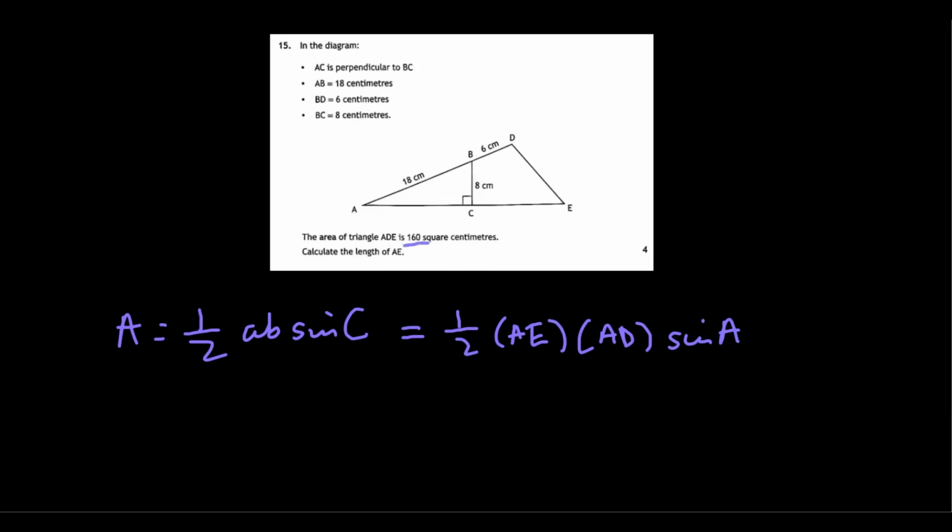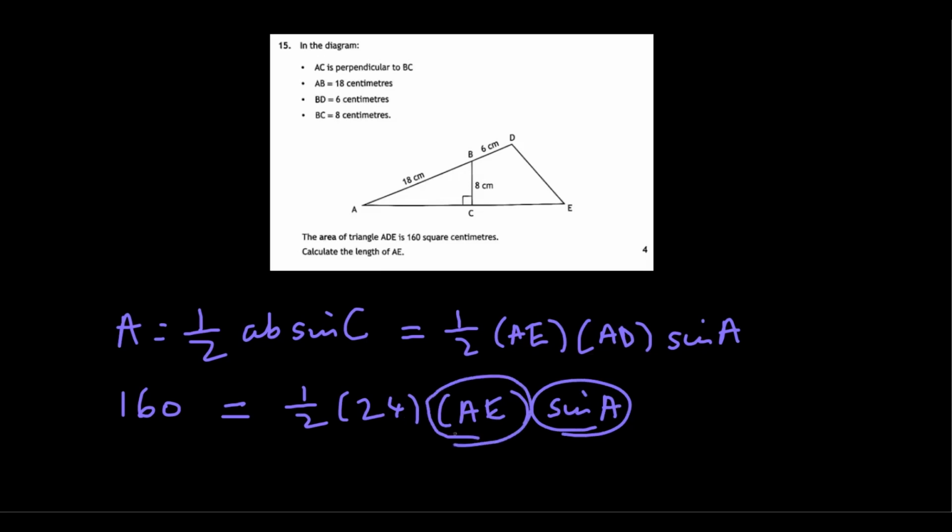So we know the area of the triangle is 160. So A is 160. We also know that AD is 24, 18 plus 6. So that's 24. And we don't know sine A or AE. And we're actually trying to find AE.